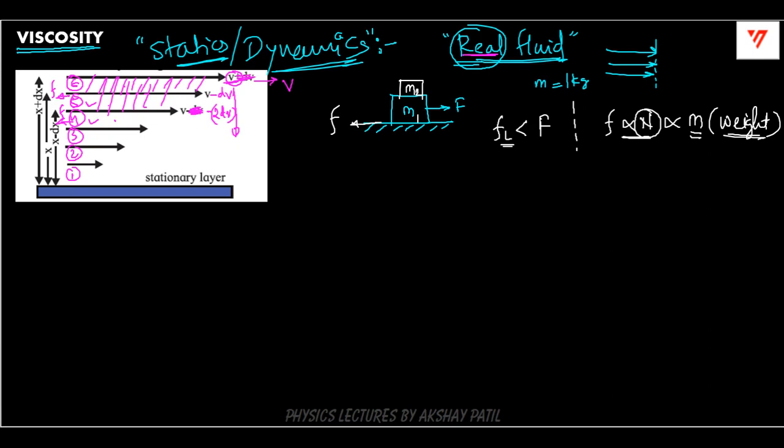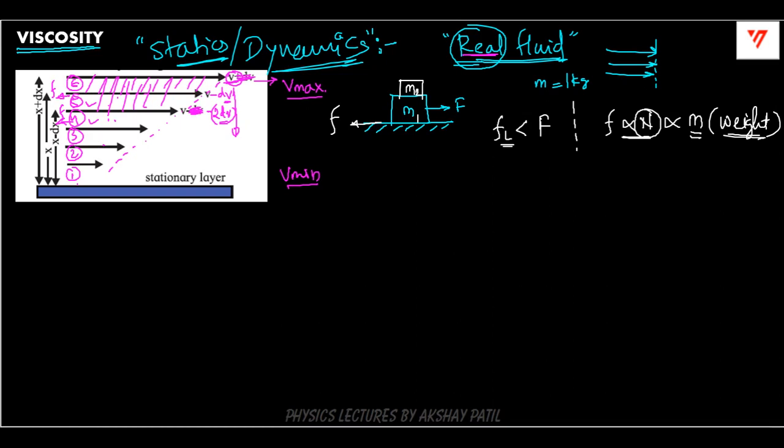Don't consider these values, I'm just saying that the velocity is decreasing. Due to the individual weights, the bottommost layer has to bear the whole weight of the layers, so it will have a minimum velocity, and the topmost layer will have a maximum velocity. This is exactly what happens in a real fluid.